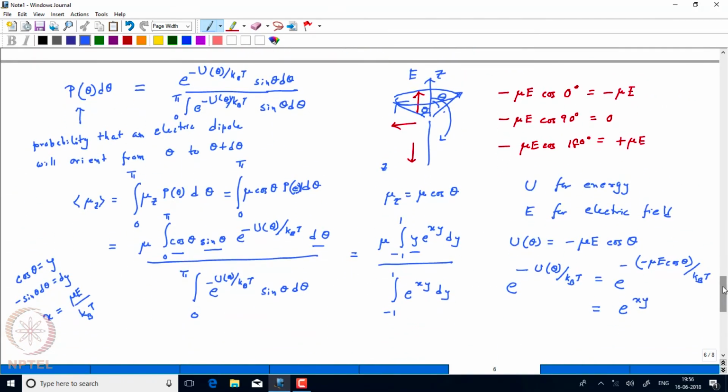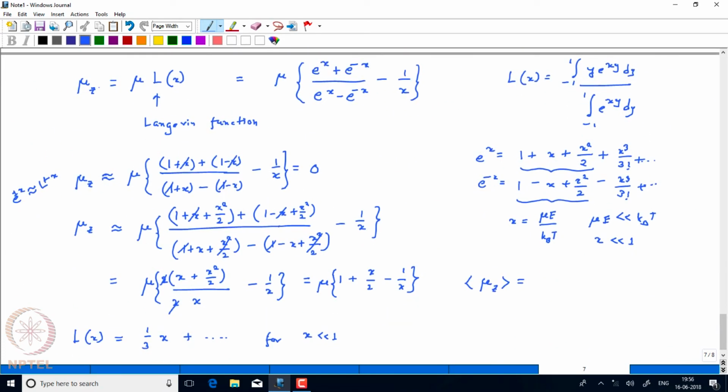I have one mu here, and then I have the Langevin function, and the Langevin function is telling me it is 1/3 of x. So, it is mu times 1/3 of x, and x itself is mu e by kBT. So, it is nothing but mu square e by 3 kBT.